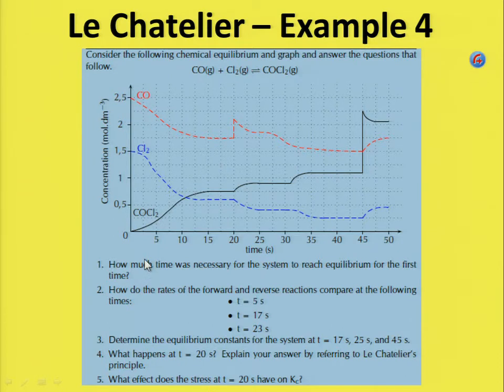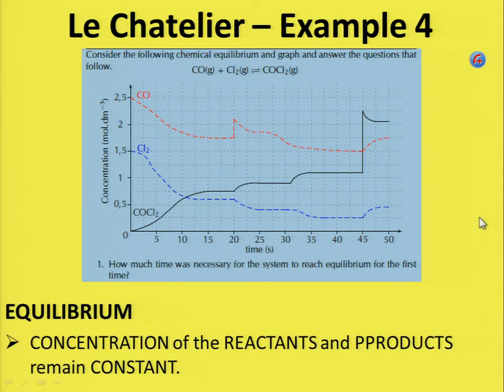When is the system at equilibrium? When the rate of the forward reaction is equal to the rate of the reverse reaction. That means the concentration of the reactants and the concentration of the product remains constant.